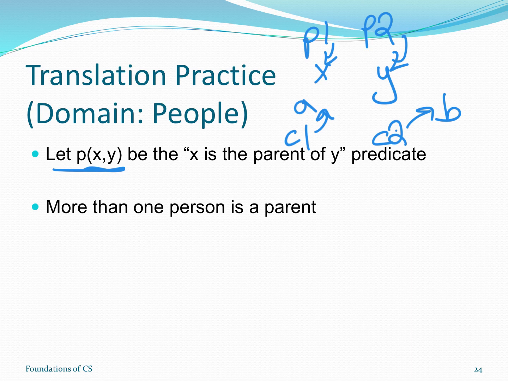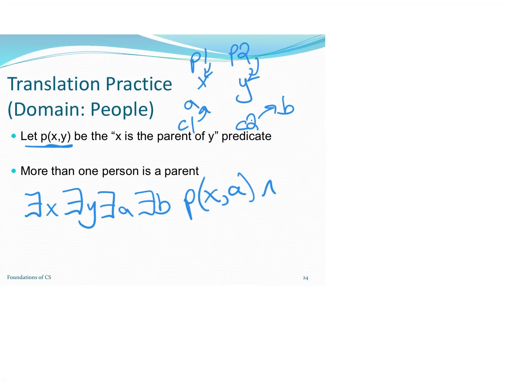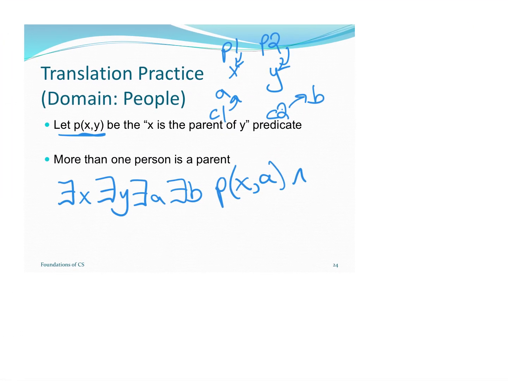So there exists an X, and there exists a Y, and there exists an A, and there exists a B. And what did I say? I said that X is the parent of A, and Y is the parent of B. And what else do we know? It says more than one person is a parent, right?